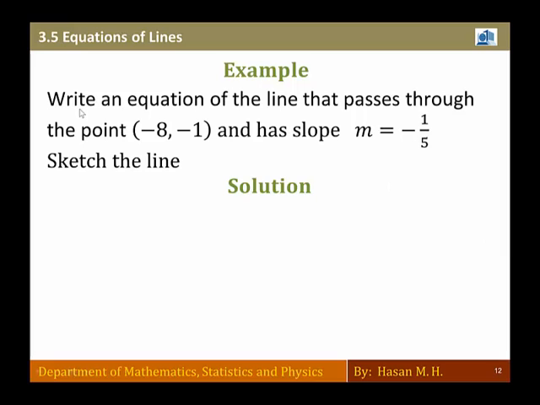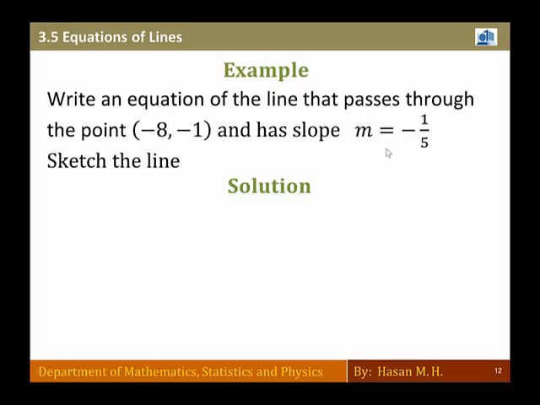Example: write an equation of the line that passes through the point (-8, -1) and has the slope m equals -1/5. Then sketch the line.